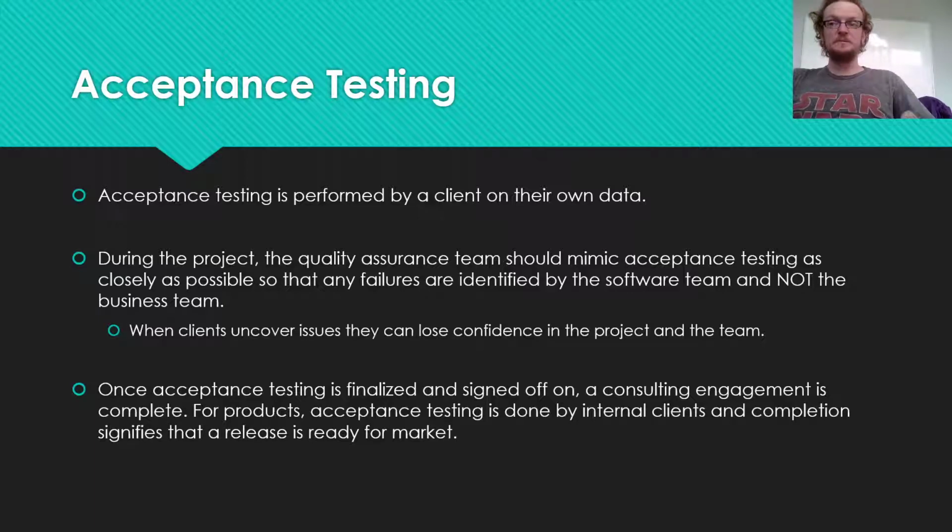At the point of acceptance, usually the contract is done, the client will pay the remainder of whatever they owe to the software team, and then the end users of the client, so the actual tellers at the bank, or the actual people who have their money in the bank, will begin using the system. That is when the system is actually at market. At that point, they can raise issues and feature requests, but mostly those things are handled as a maintenance engagement, which we'll start talking about next week.